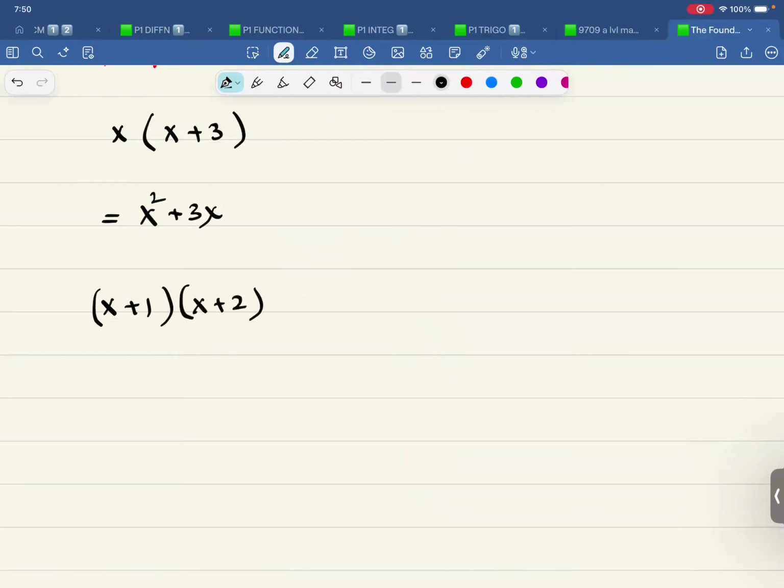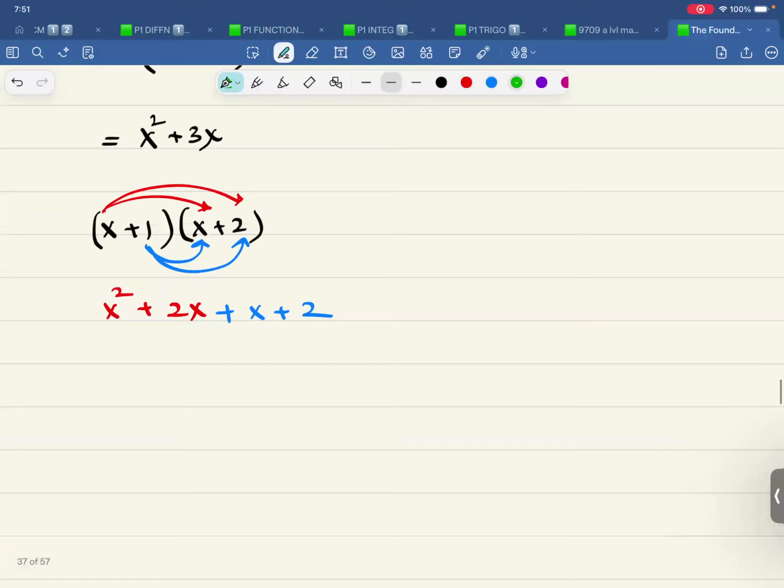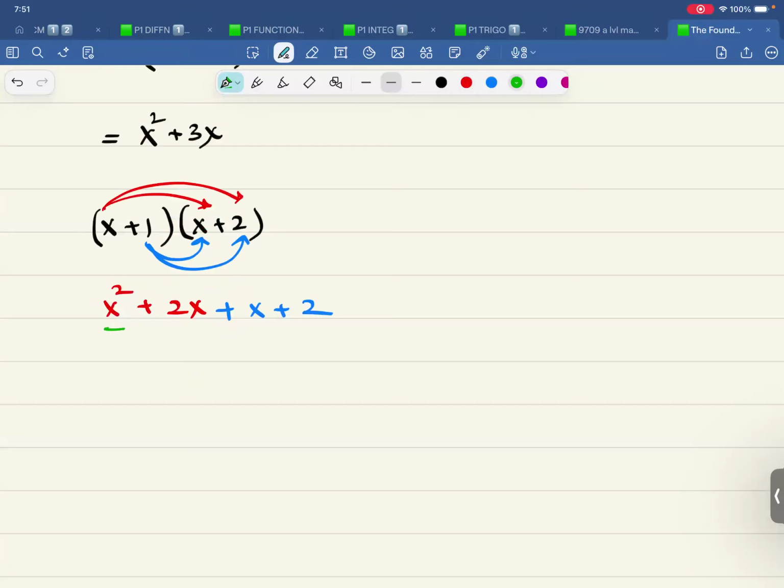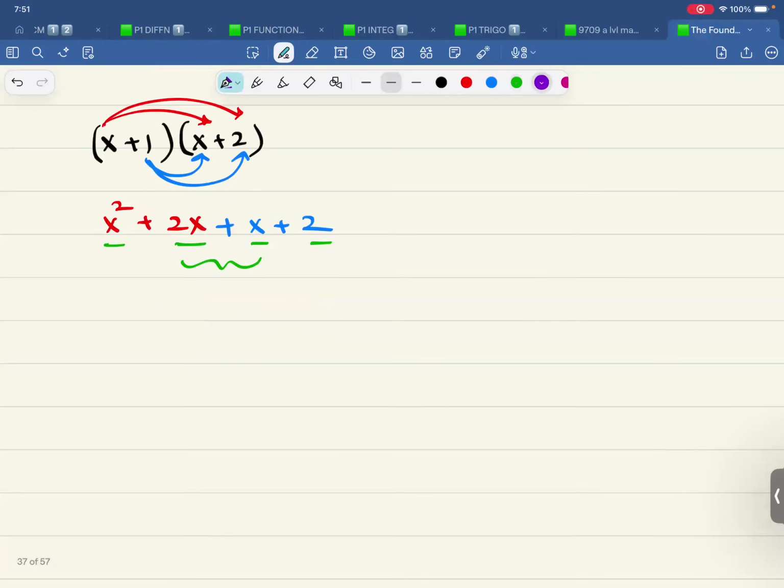So now this will be x into x, x into 2, so that is x squared plus 2x. And then let's multiply one with x and one with 2. So that is x plus 2. Now, the thing that you should focus on is that initially there are four terms, but these two terms are like terms. So they will add up and this will become x squared plus 3x plus 2.